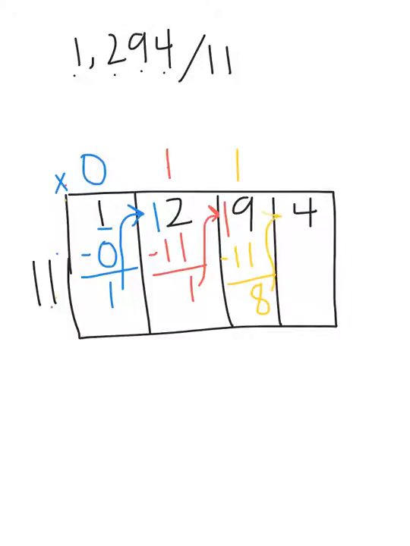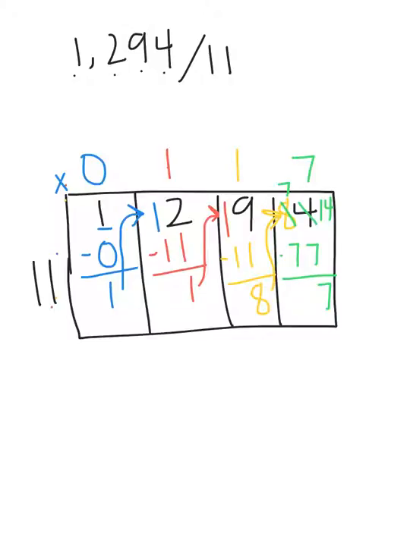And then if we bump that 8 over, we have 84, which if you remember from our last strategy, is where we ended up, where we had to figure out how many times 11 could go into 84 without going over. And we figured out it was 7 times. 7 times 11 equals 77. When you subtract, you are left with 7.